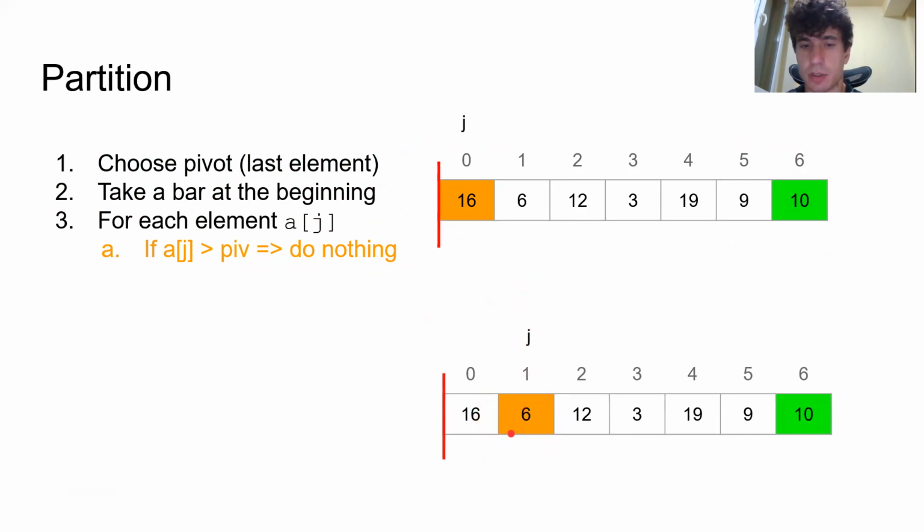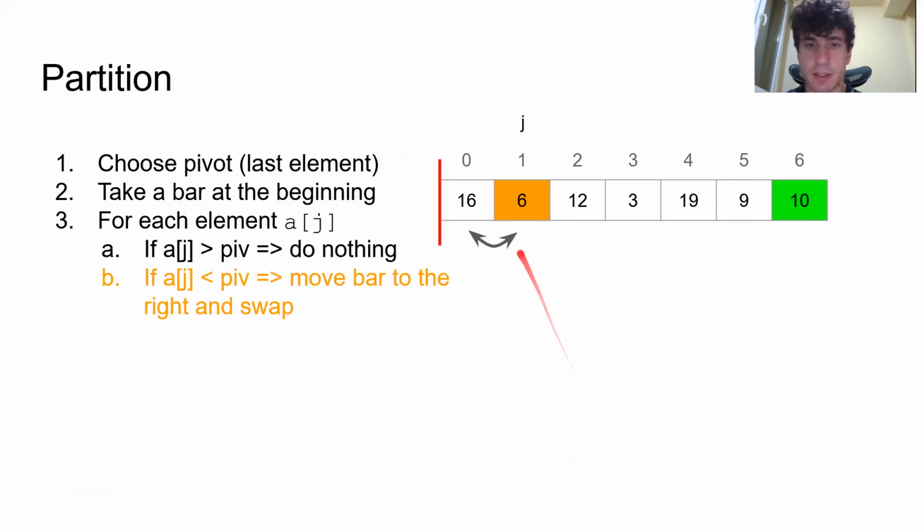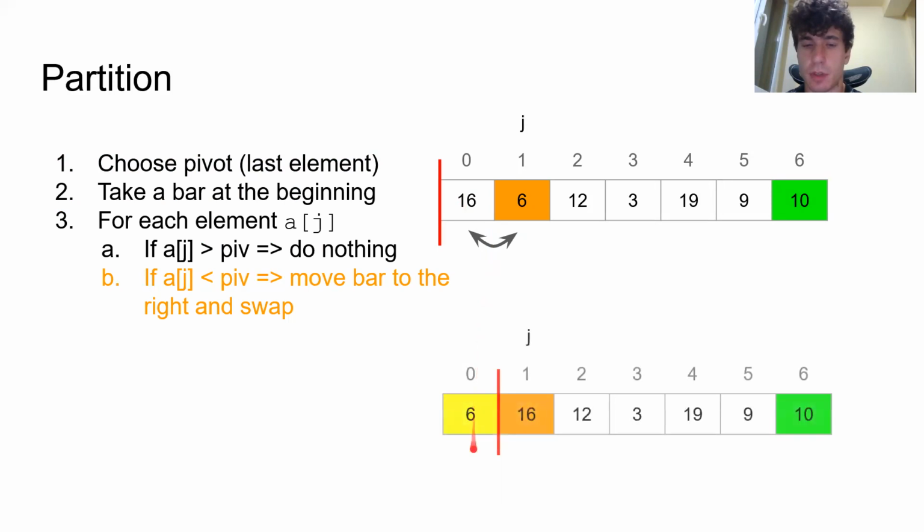Well, this one is smaller than the 10. And in that case, we swap the current element with the element that's next to the bar. And then we move the bar.